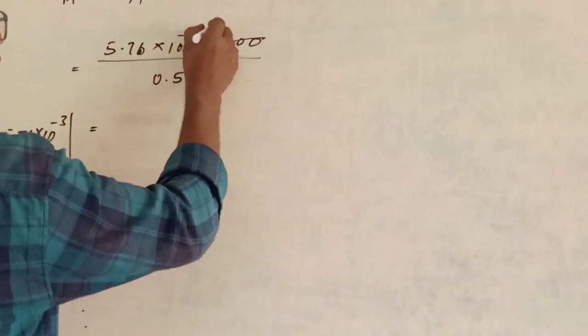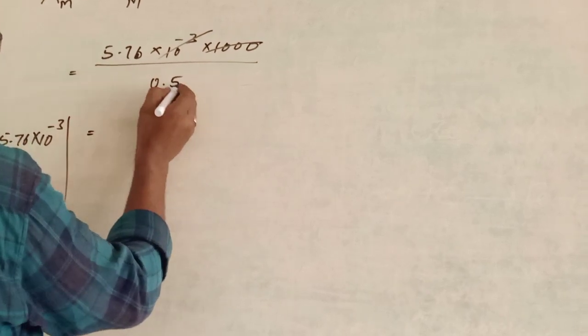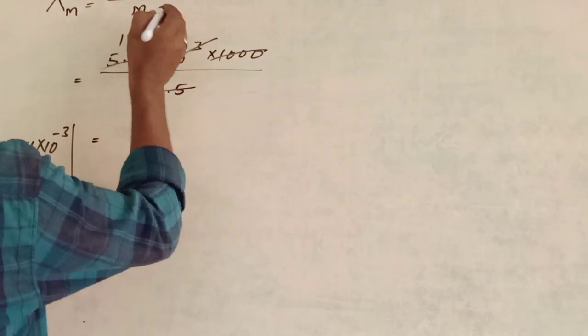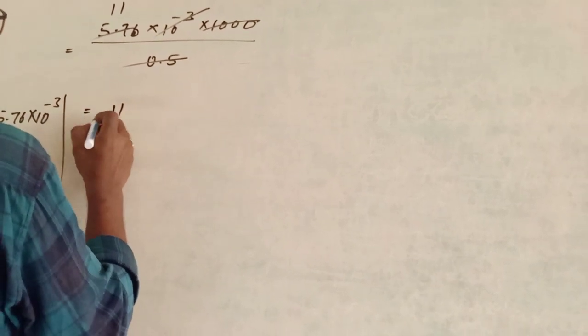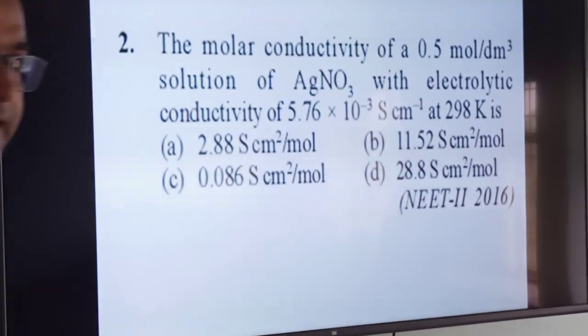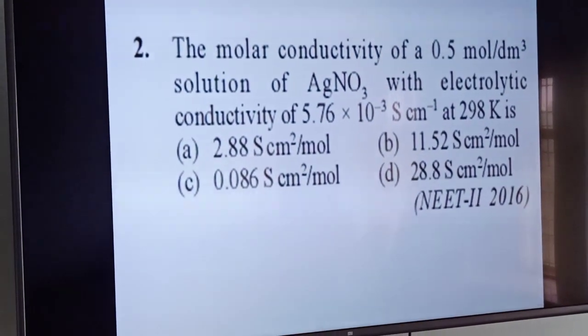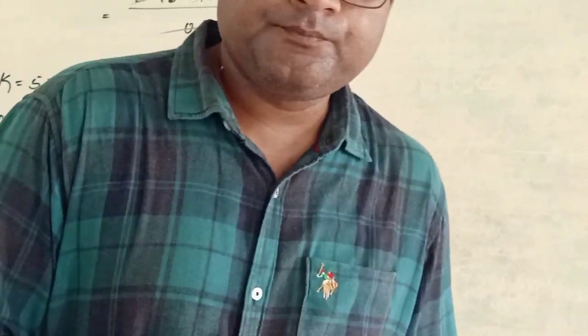Now this 1000 and this get cancelled, and this is 0.5. 5.76 by this is almost 11. Approximately it will come 11. So final value is just 11. Where is the 11? 11 is here. Option B is the correct option. So option B is the answer.